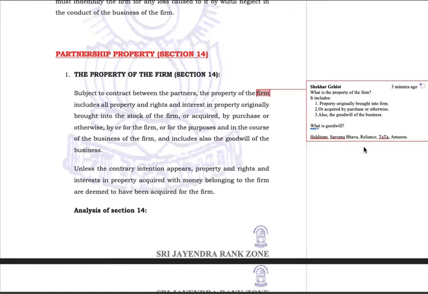So the firm owns this brand as well. This brand name is owned by the firm. Property originally brought by the firm, plus what is later purchased or acquired by the firm, and also the goodwill of the firm, becomes the property of the firm. Unless the contrary intention appears, property and rights and interest in the property acquired with money belonging to the firm are deemed to have been acquired for the firm.